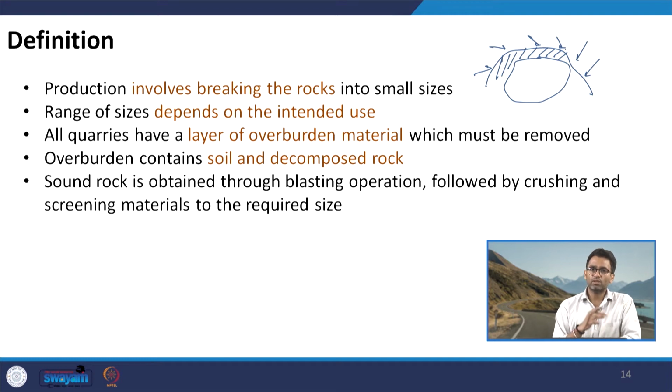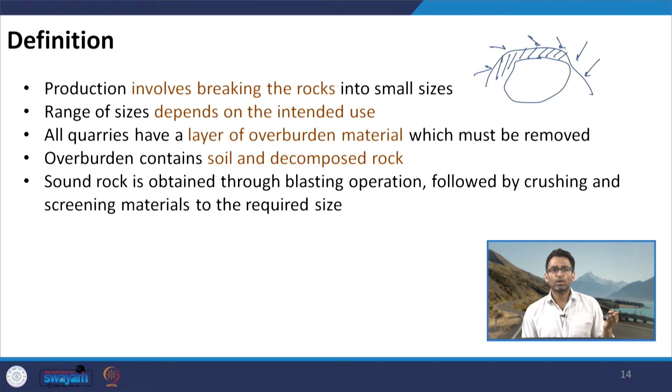Now, after blasting operation, the rock gets converted into larger chunks of aggregate, and during this process the weaker aggregate particles also get broken down. We will see that we use some process to remove more weaker particles from the blasted rock.